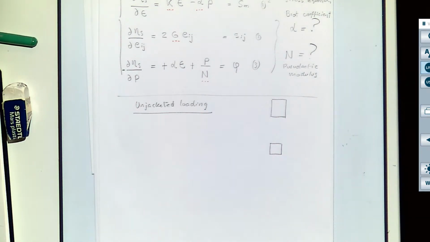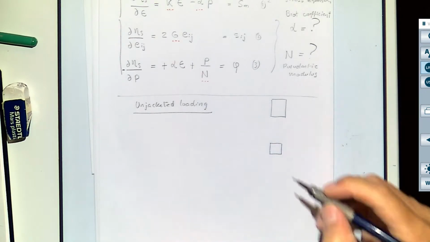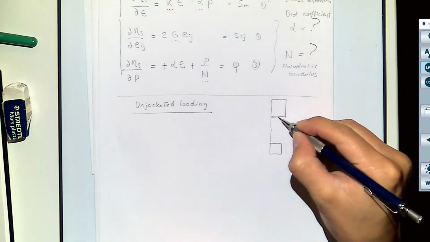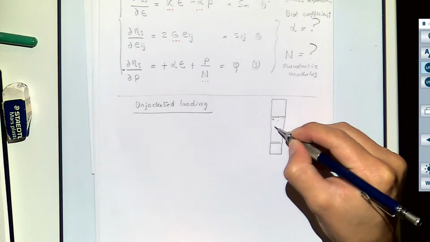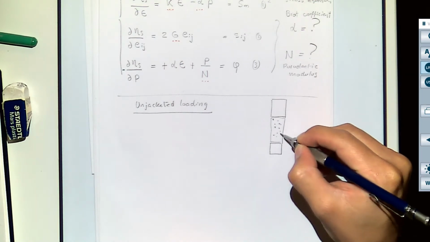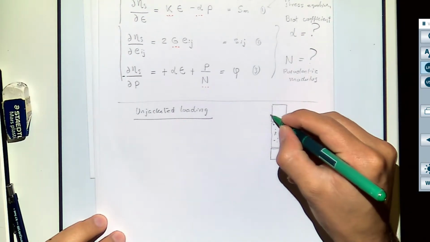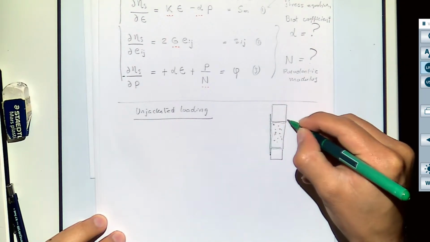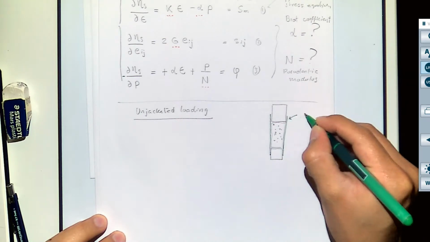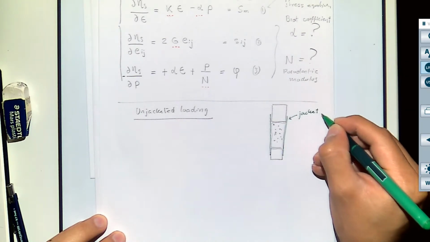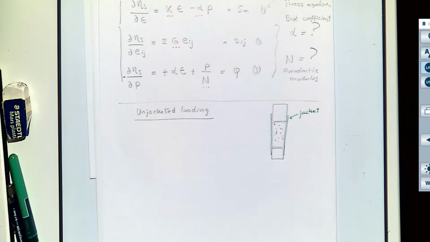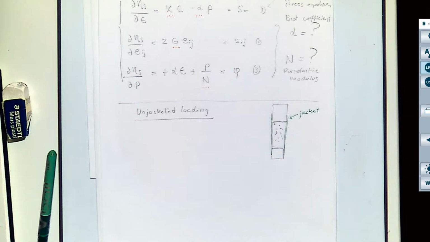Okay, so then again the rock goes in here, and the jacket goes around and separates the two fluids.